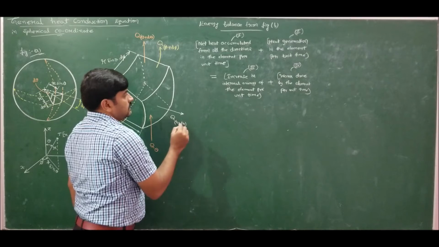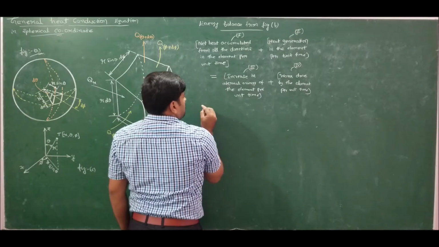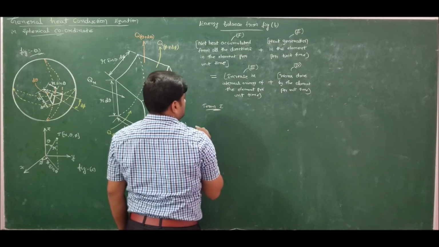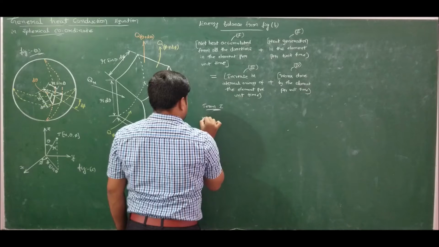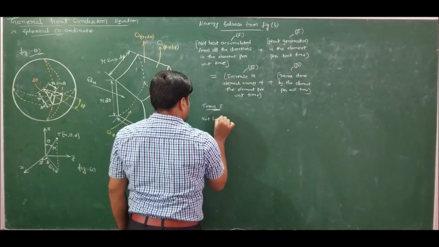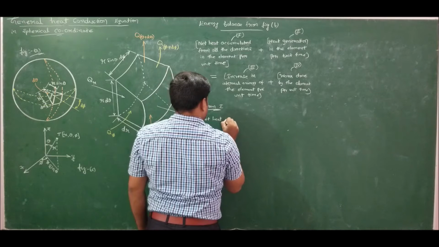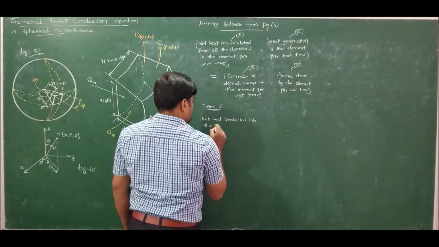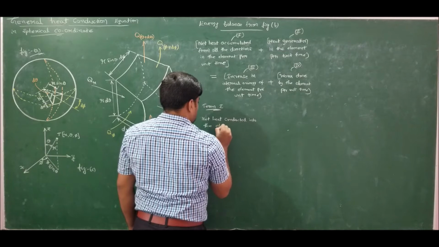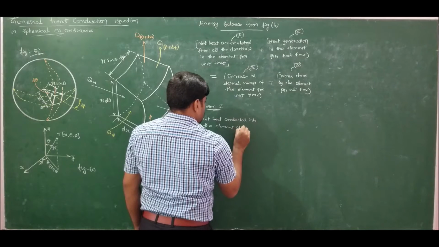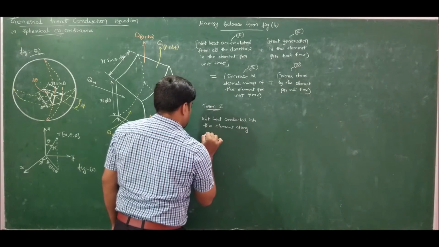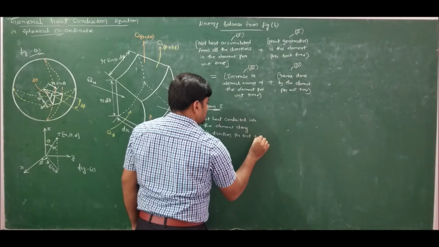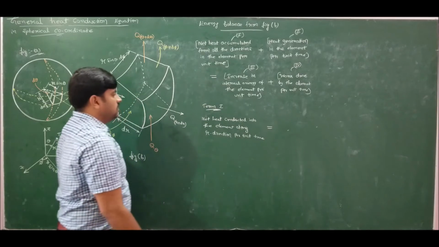Now let us consider one by one. If I solve for term 1, that is the first term, if I consider net heat conducted or accumulated into the element along r direction per unit time, so along r direction, what is entering?